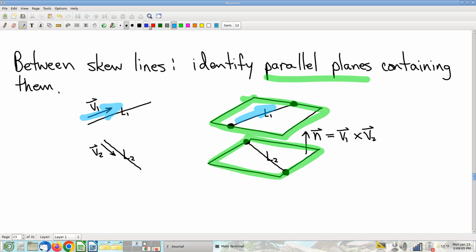A vector parallel to L2 is also parallel to both of these planes. And therefore, if I want the normal vector for these planes, I need it to be perpendicular to both V1 and V2, and I have this pre-existing tool for how to find something perpendicular to two given vectors. We take the cross product and we spike the football. Is everybody good? All right.